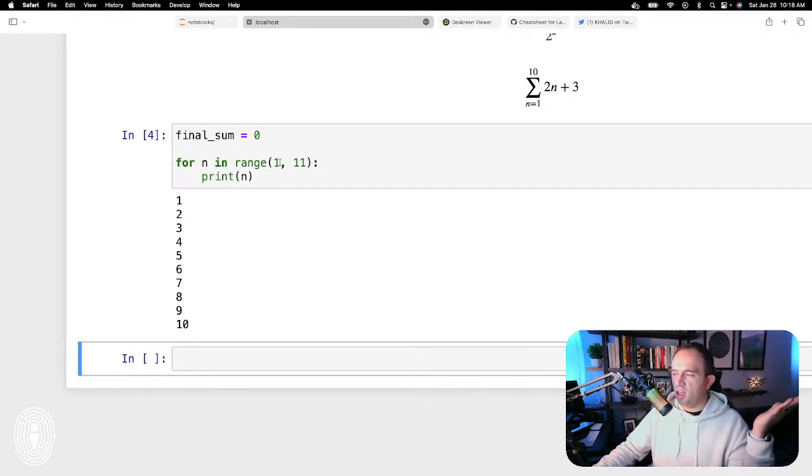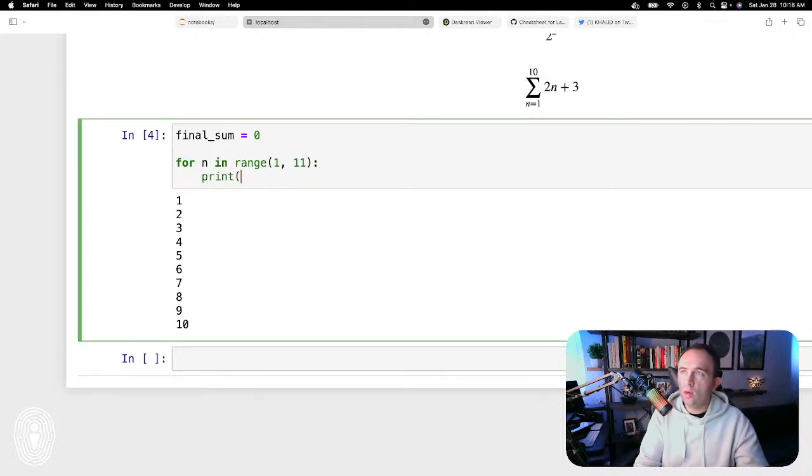That probably doesn't make much sense, I'm probably explaining it poorly, but as we just printed out, we are getting the 1 through 10 here. So what is our problem? We want 2n plus 3. So we're going to increment our sum. Final sum equals, or I'm going to put this in print, 2 times n plus 3.